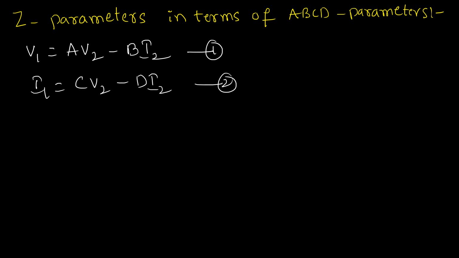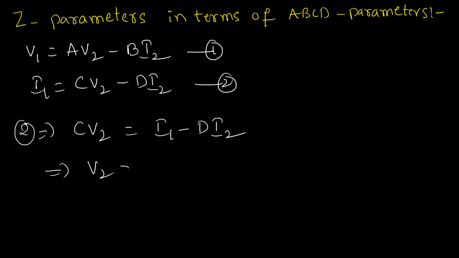We need Z parameters, so for that you need the V1 relation and V2 relation. From the second equation we can write the V2 relation. CV2 is nothing but I1 minus DI2. Now V2 is 1 by C into I1 minus D by C into I2.